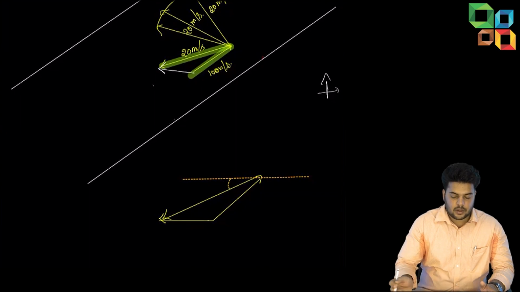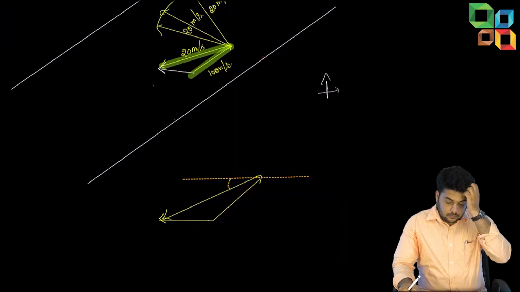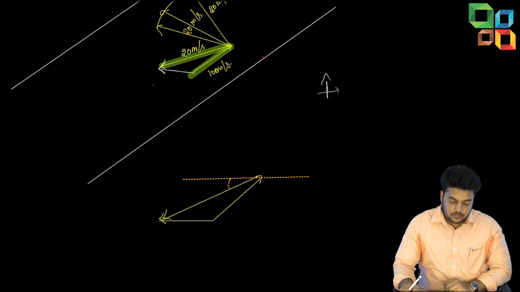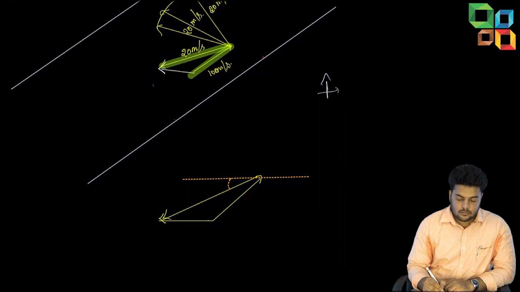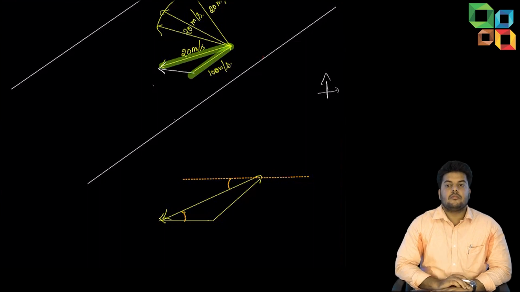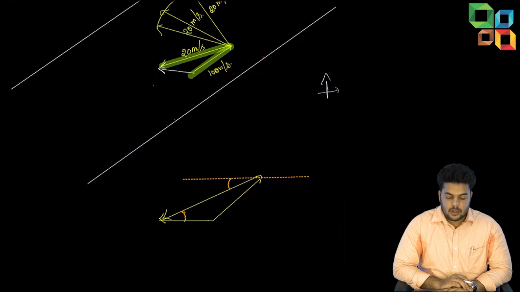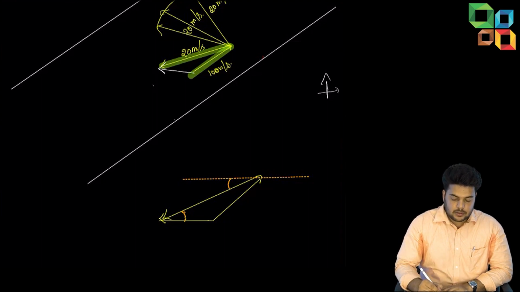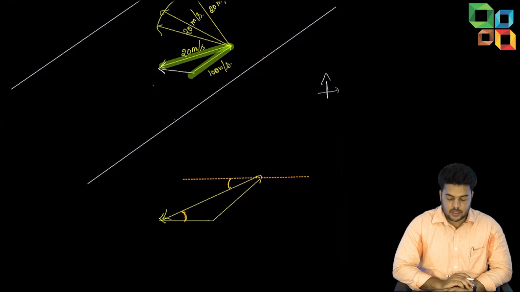This is the angle that you need to figure out. Okay. How do you do that? Do you realize that these two angles are same? Why? Alternating angles. So these two angles are equal.